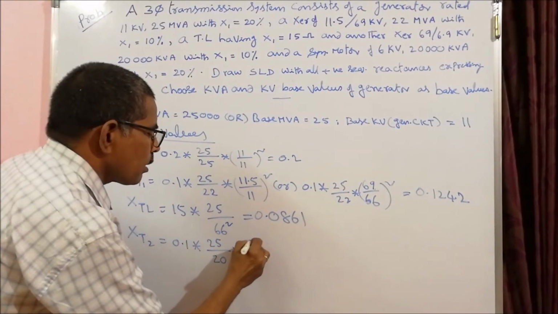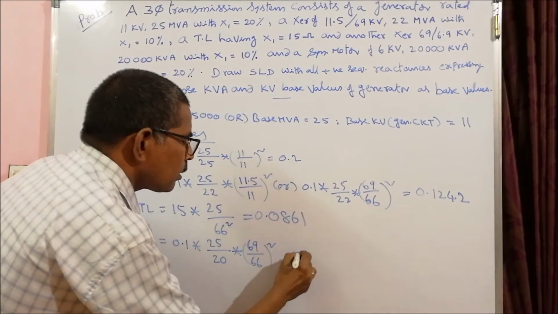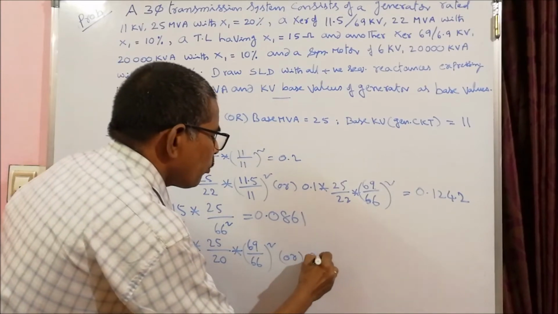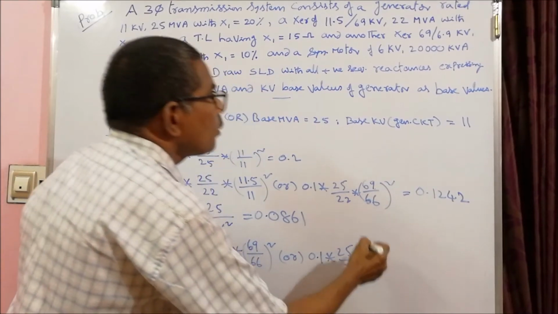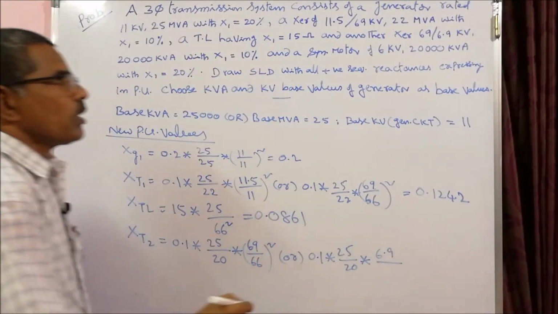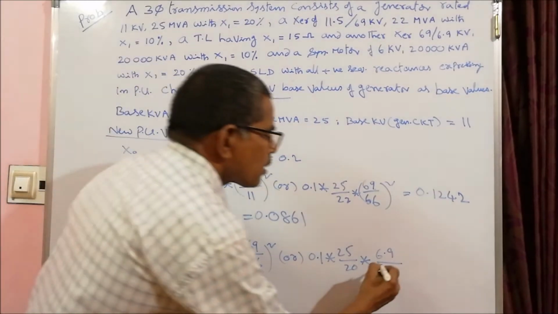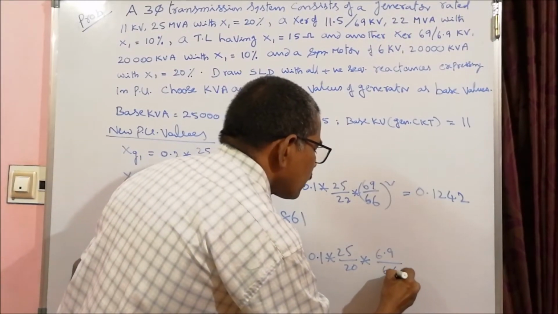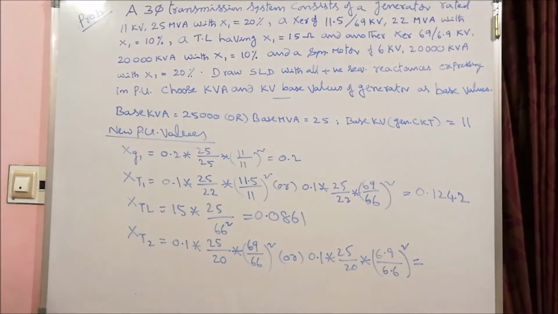If I write, I should write here 66 squared, or 0.1 into 25 by 20 into 6.9 by, what is the motor side new kV? 6.6 squared. Okay, so which is 0.1366.